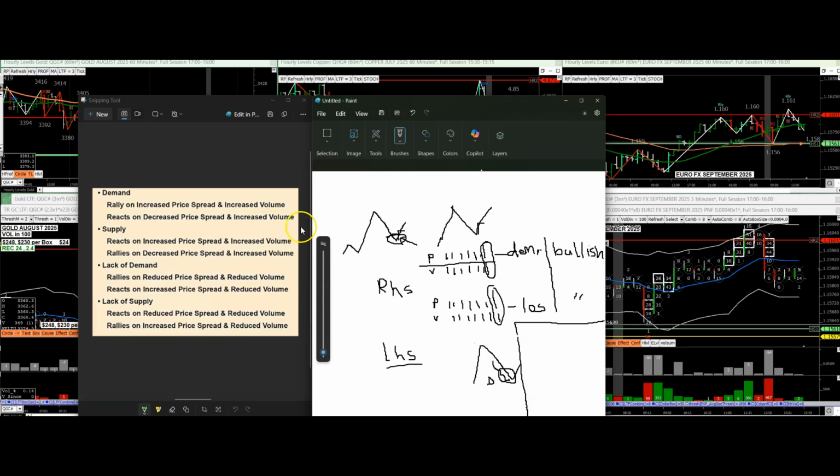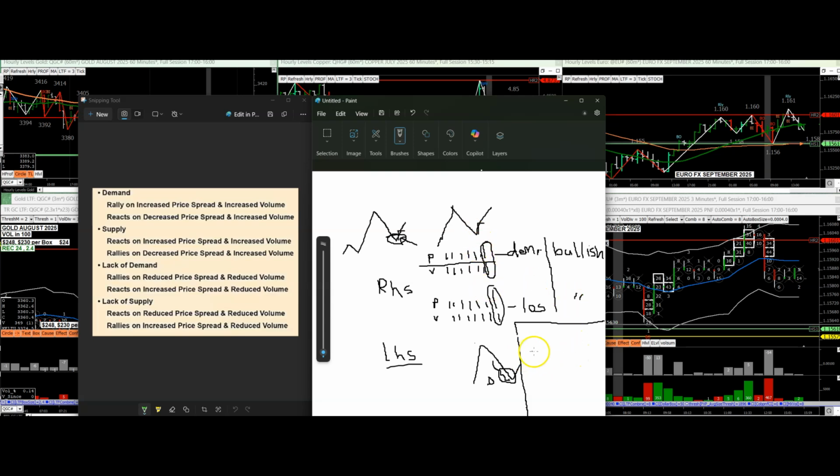So what does that mean? If you have decreased price spread and increased volume, there's a mathematical relationship here that can be identified and quantified via an indicator, which allows you to detect the presence of demand.